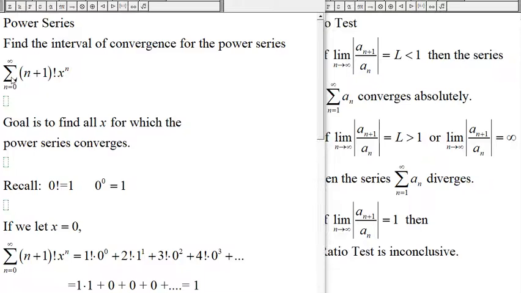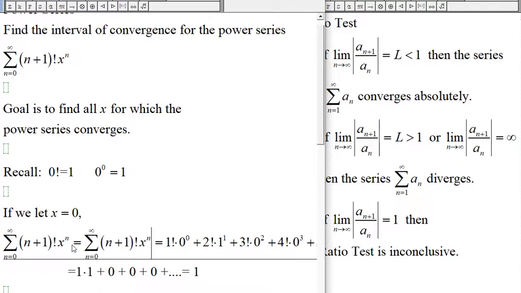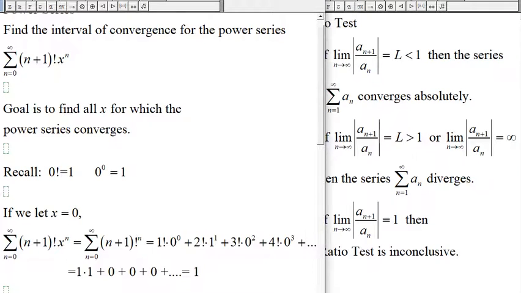For this power series, if we let x be 0, then in the place of x we have 0.